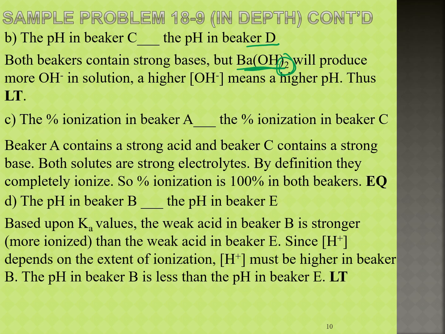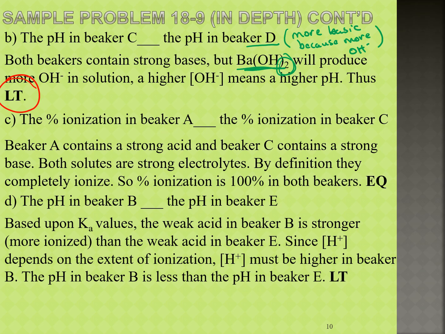So even though both solutions are 0.1 molar, it's actually going to be 0.2 molar in hydroxide, whereas the sodium hydroxide one is going to be only 0.1 molar. So beaker D is going to be more basic because it's going to give off more hydroxides. And if it's more basic, then its pH is going to be higher. So the pH in beaker C is actually going to be lower than the pH in beaker D.